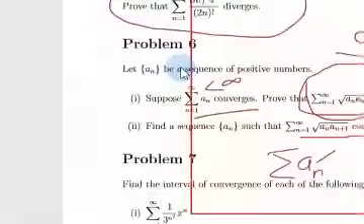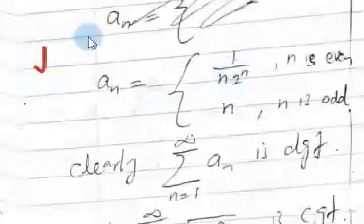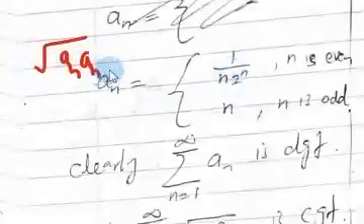Or you can choose this for a sub n. When n is an odd number, this one, even number this one, and odd number this. When you consider two consecutive terms, the square root of a_n times a_n plus 1 is the square root of 1 over 2n.